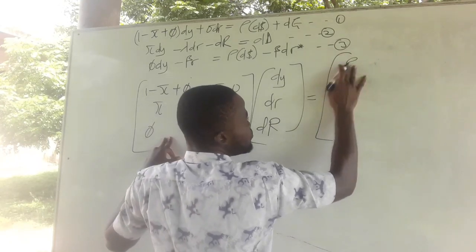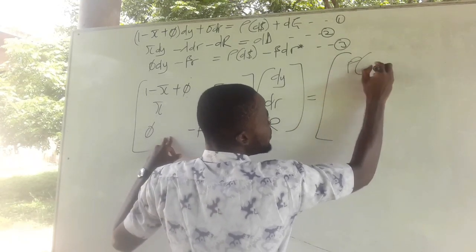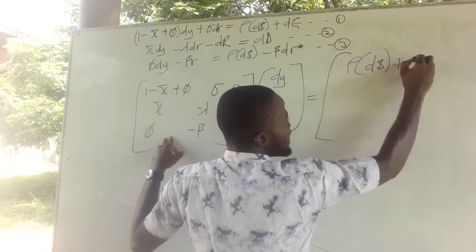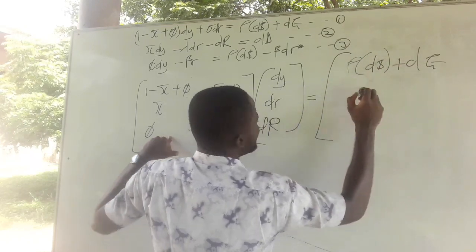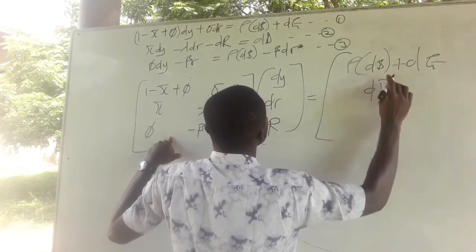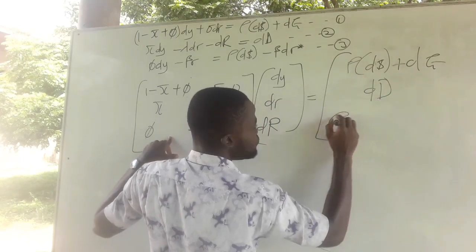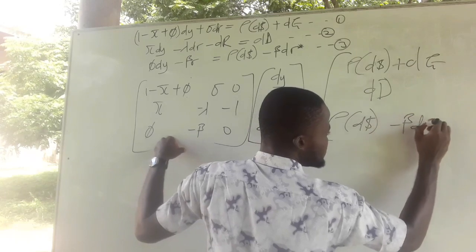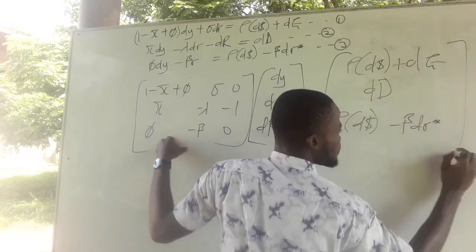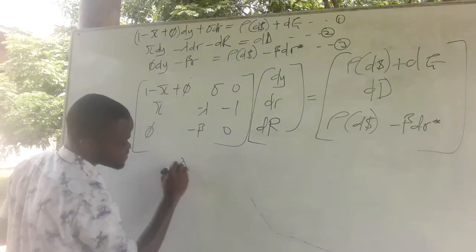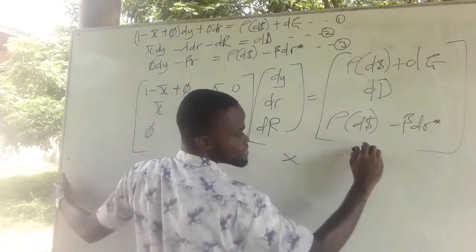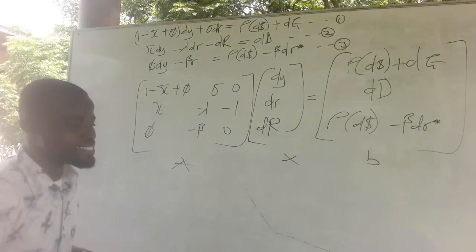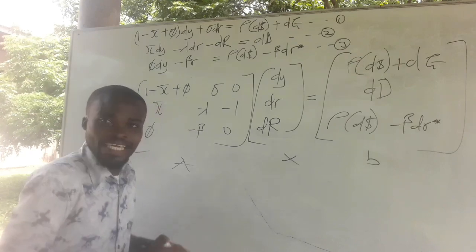We have rho the dollar plus the G. We have the big D. We have rho the dollar minus beta the R star. So we have our equation A, X and B. We have now cast the three equations in matrix form.